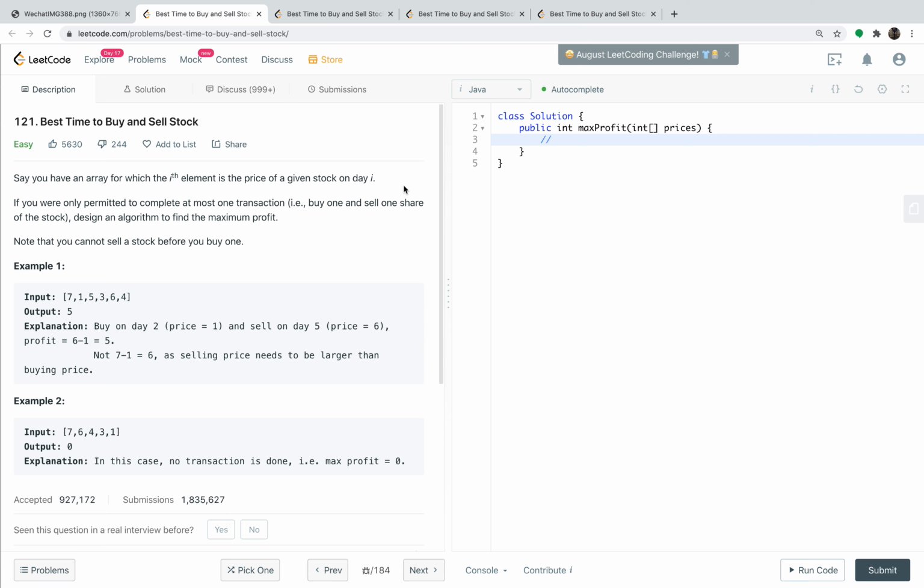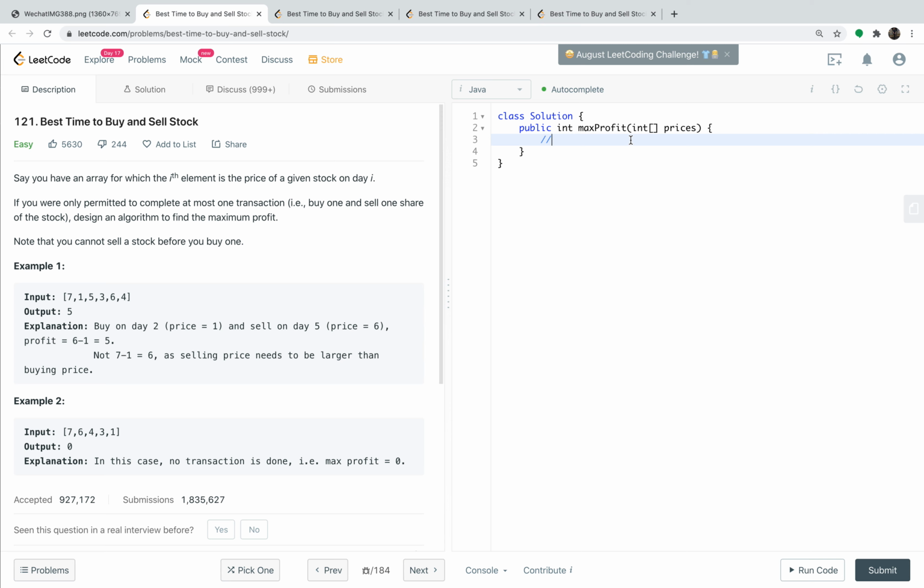So we can do a for loop through this array prices, such that we find the minimum number to buy and the maximum number to sell, and finally we can output the sell, which should be the maximum profit.